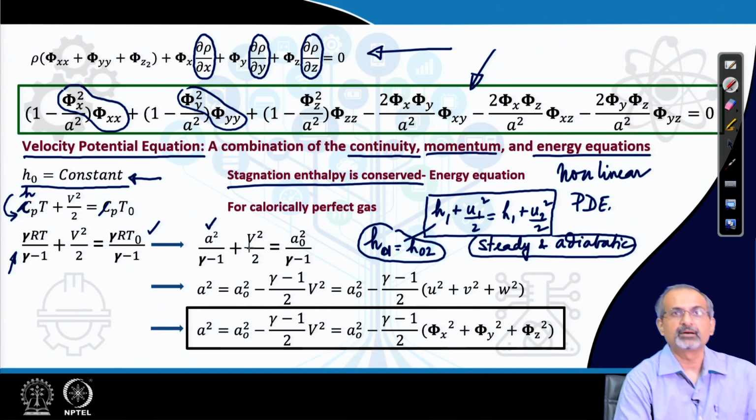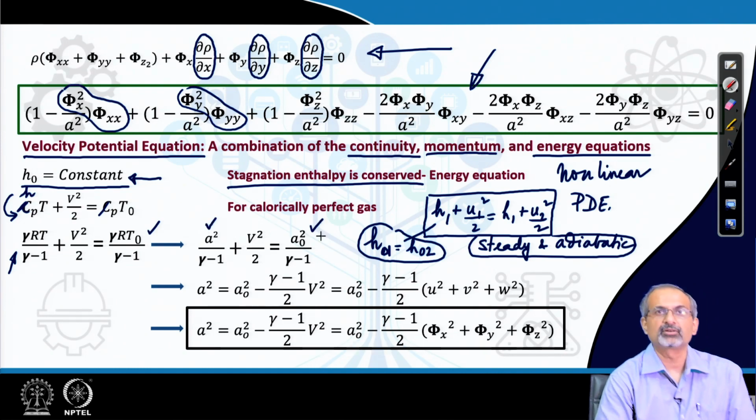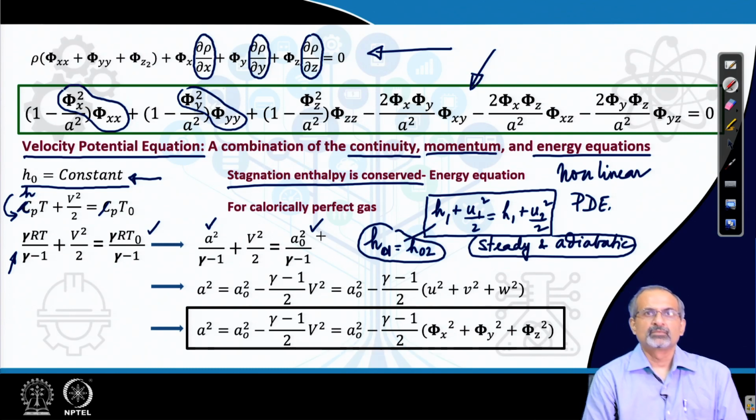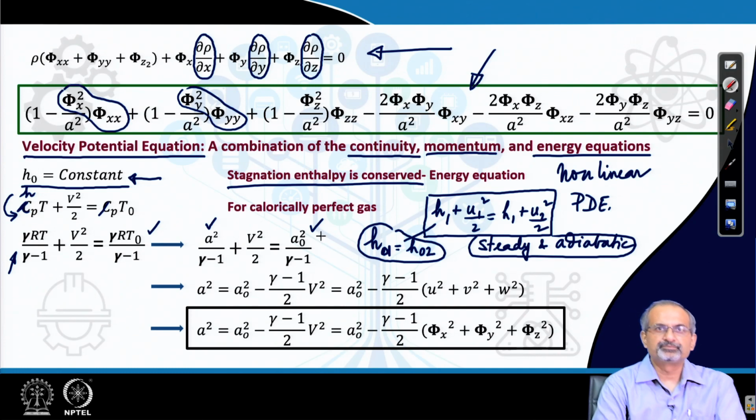This is A square by gamma minus 1, the other is A naught square by gamma minus 1. A square is the sonic speed square based on the static temperature, A naught square is the sonic speed square based on the stagnation temperature.